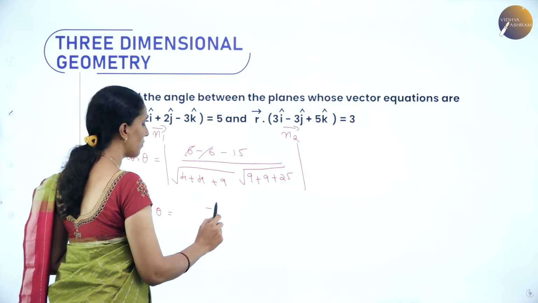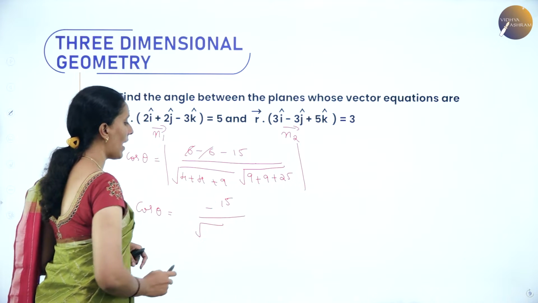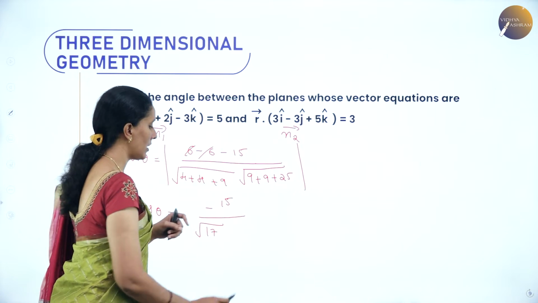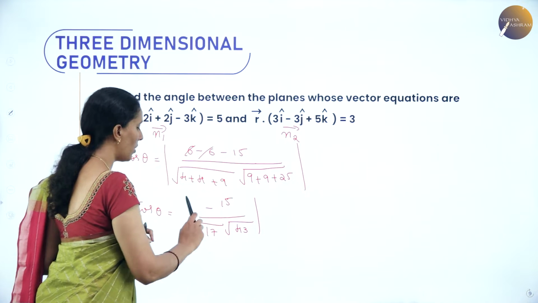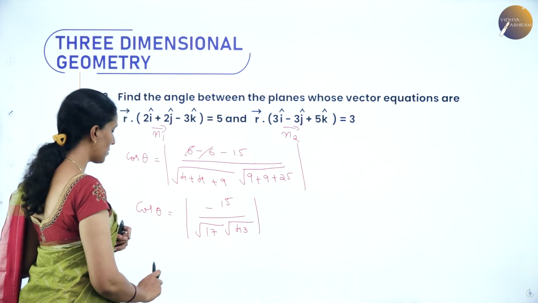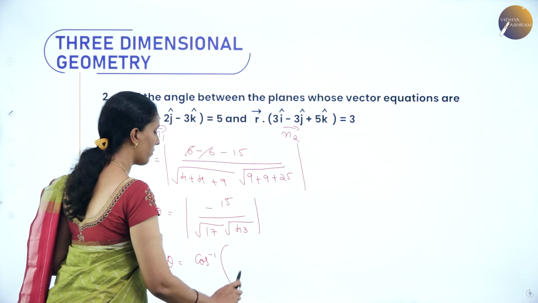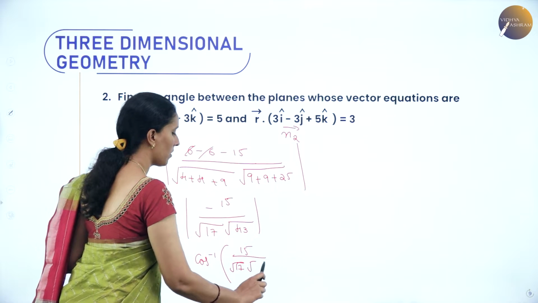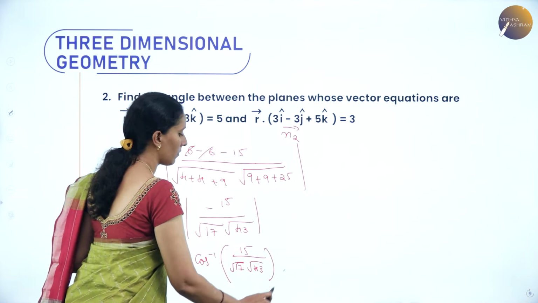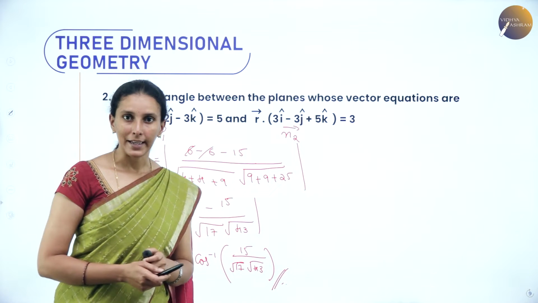So we have minus 15 whole divided by root of 17 and square root of 43. When I say modulus, just take only the positive values. Therefore theta is equal to cos inverse of 15 divided by root 17 root 43. So this is the angle between the two planes.